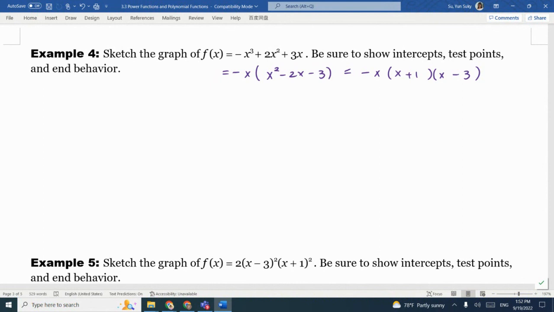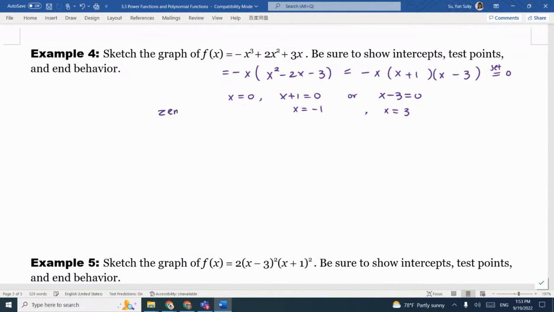Okay, very good. Now we set this equal to 0. That means each factor equals 0. So we have x is 0, x plus 1 is 0, or x minus 3 is 0. What's x? Negative 1 and 3.